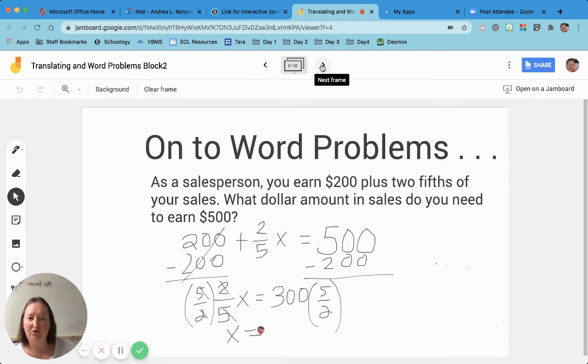So I just have to resolve what this 300 times 5/2 is. So you can multiply 300 times 5 and then divide by the 2. Or you can cancel the 2 to make it a 1, and cancel this to make it 150. Either way, you will get the answer of 750.